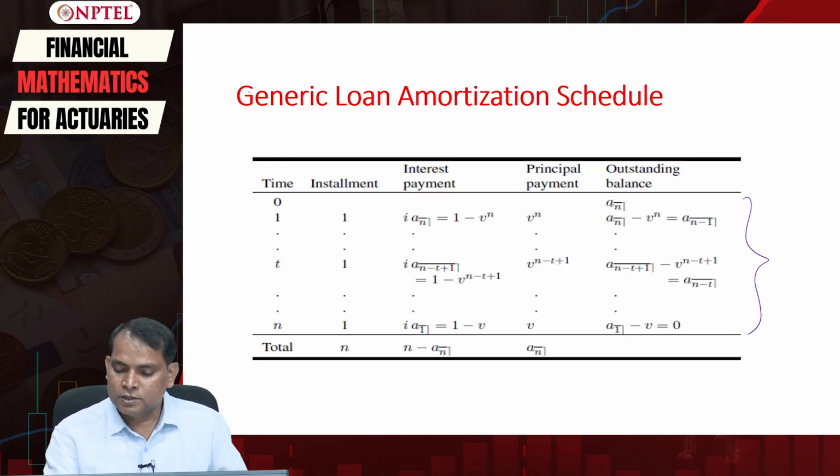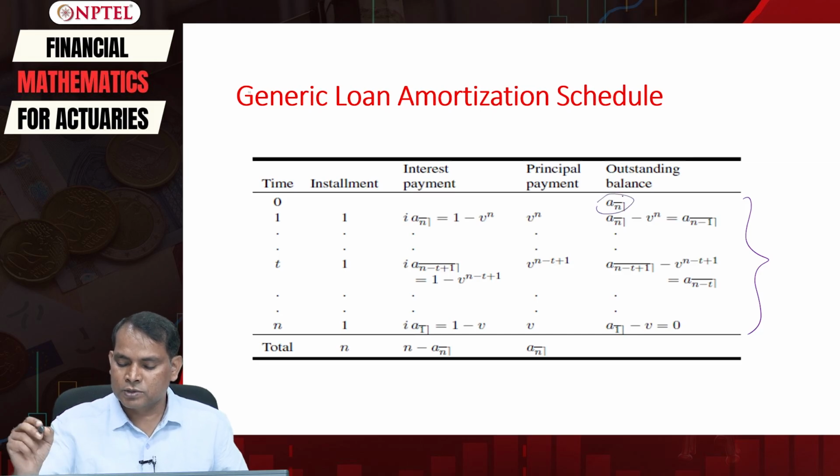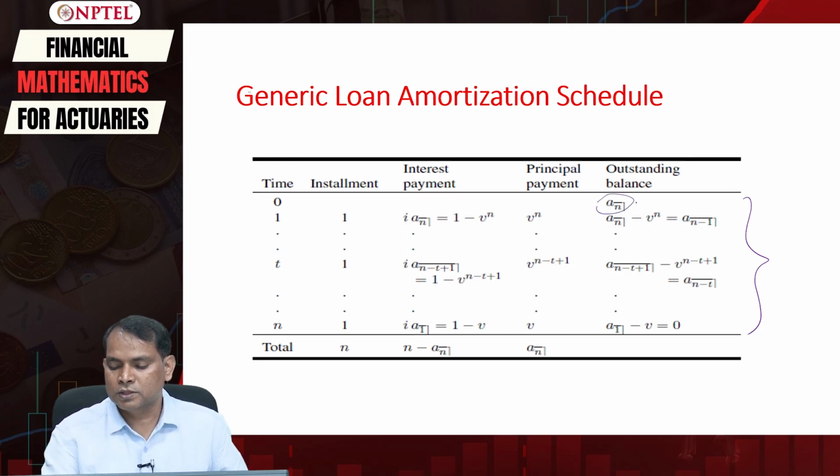Notice that this is your loan outstanding balance or initial balance, which can also be seen as L, or sometimes B0, whatever way we call it. We understand that this is simply a angle n given the i is understood, so i is not written here, but you can read it as a angle n at i.